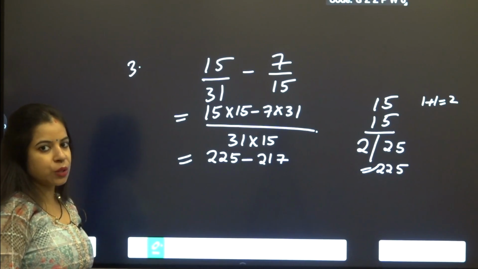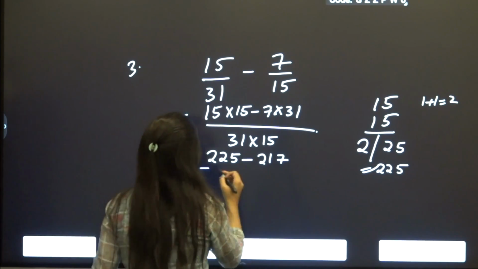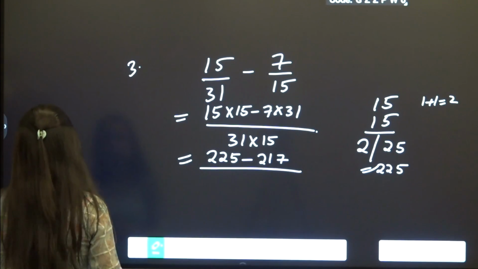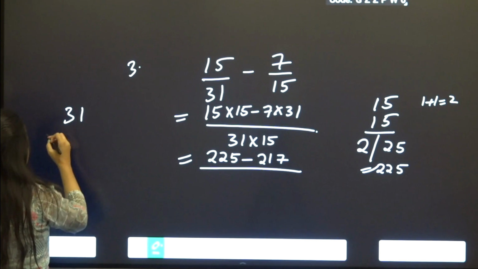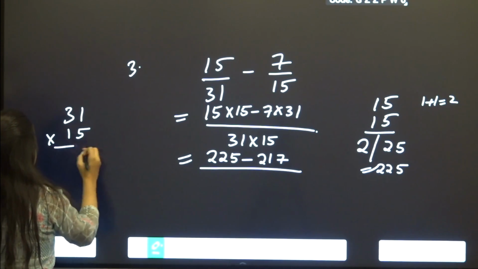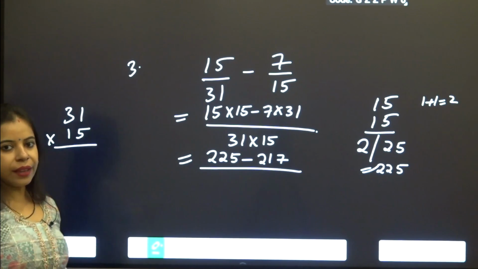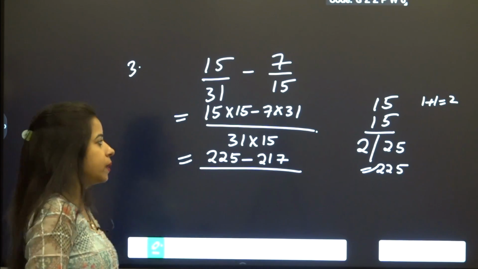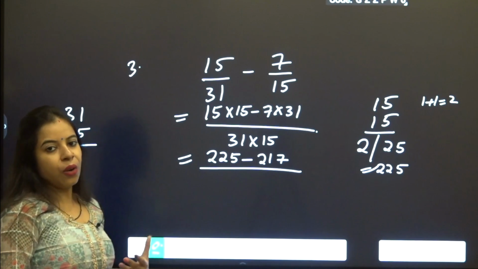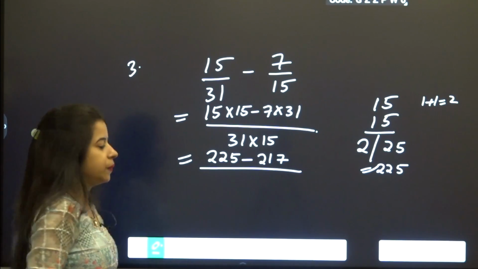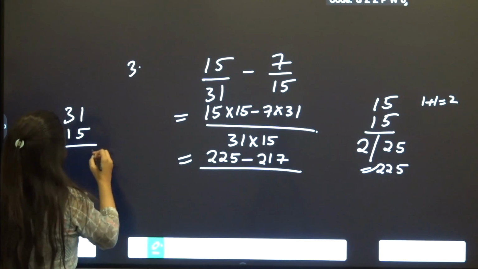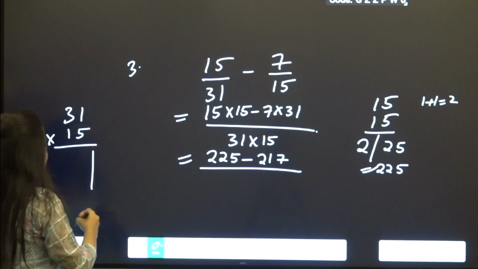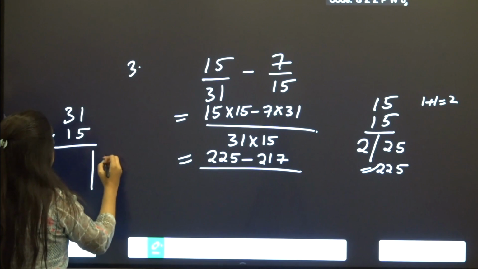Okay, 31 into 7, and next is 31 into 15. I can find the answer using the dot method or the urdhva tiryak bhyam method, which is, for the right side you just multiply the numbers at the unit place, which is 1 into 5, 5.